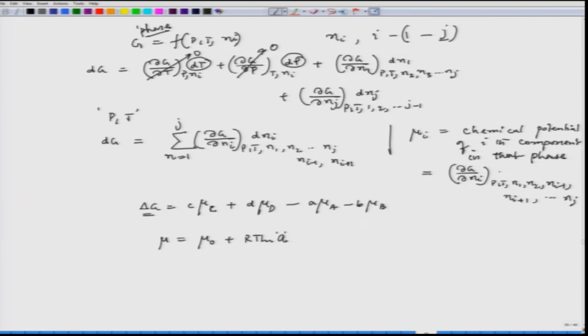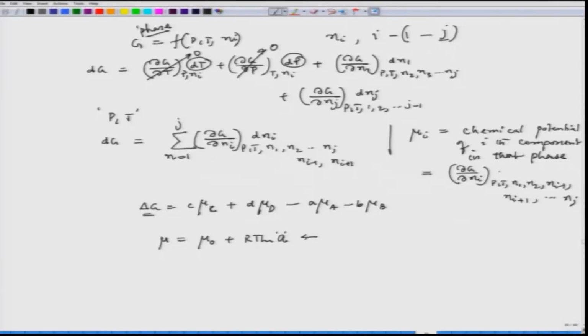Here I am using activity because this is a condensed system. If it is a gas, then the situation would be a little different. We will come to that in our next lecture, but for the time being we will stop by saying that this equation will be put into the other equation, and then we will progress and see the relation between free energy and the equilibrium constant. So, let us stop here, we will continue in our next lecture.